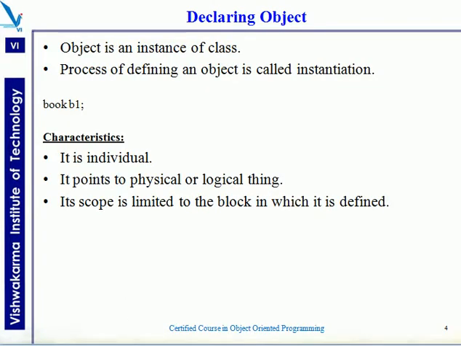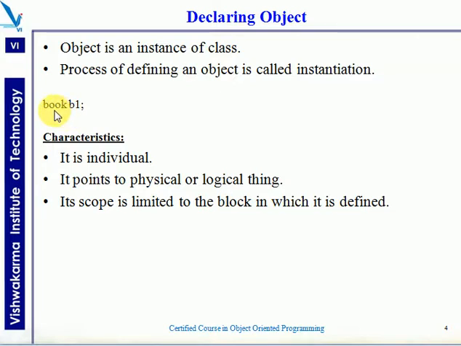Now we will see how to declare an object. As we know, object is an instance of class. Here is the syntax to declare an object. So book is the class and B1 is the object of this class.